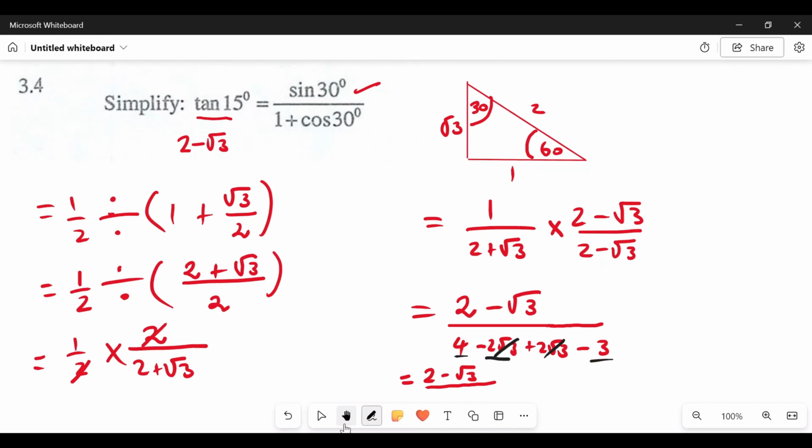So 4 minus 3, we're going to be left with 1. If I continue here, we know that we are left with 2 minus root 3 divided by 1. Even if you don't write that one, this is the same as tan 15. If you punch tan 15 degrees into the calculator, you will get 2 minus root 3.